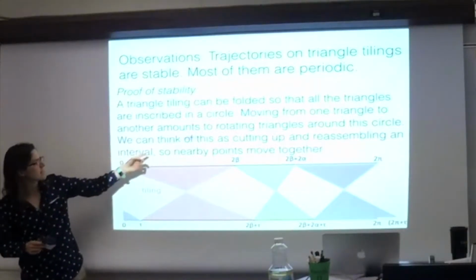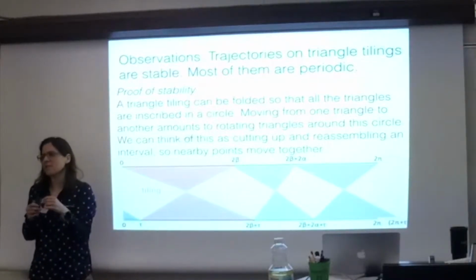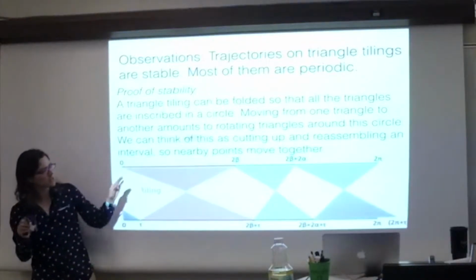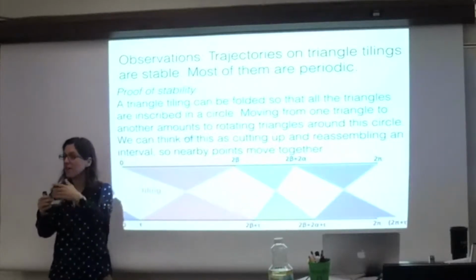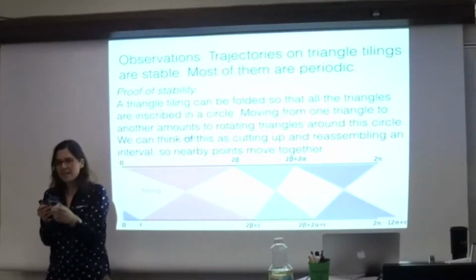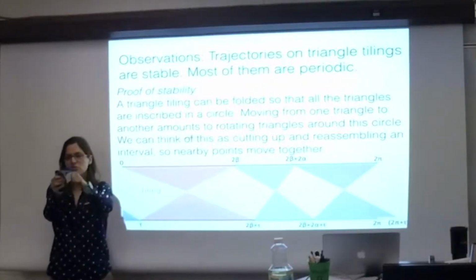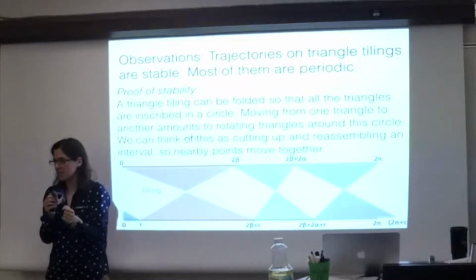And then we can think of this as cutting up and reassembling an interval. It turns out, and I'm going to brush this part under the rug, but if you want, we can talk about it, that if you try to keep track of how the triangles move, it just amounts to taking an interval, in this case the circle, the interval from 0 to 2 pi, cutting it up and reassembling it in some way.